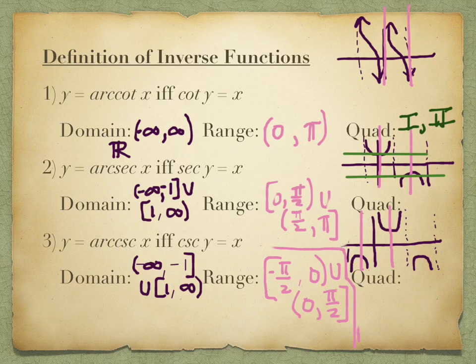Now, aside from the fact that these have this missing value in the middle, I'm basically going from 0 to pi here, right? I don't actually get to equal pi over 2, but from 0 to pi, what quadrants could I be in? 1 or 2. Yeah, 1 or 2. And then what quadrants could I be in if I were going from negative pi over 2 to pi over 2? 1 and 4.